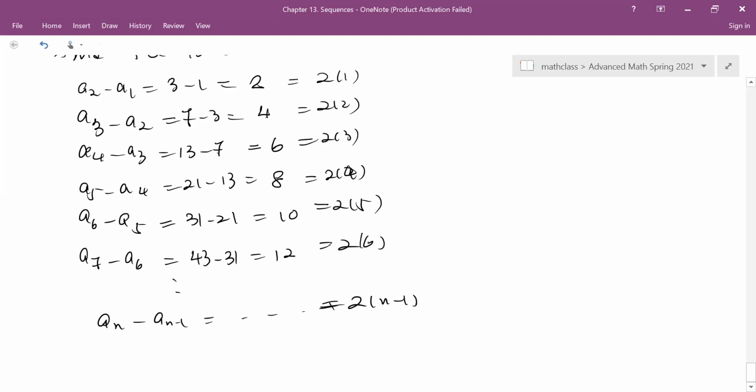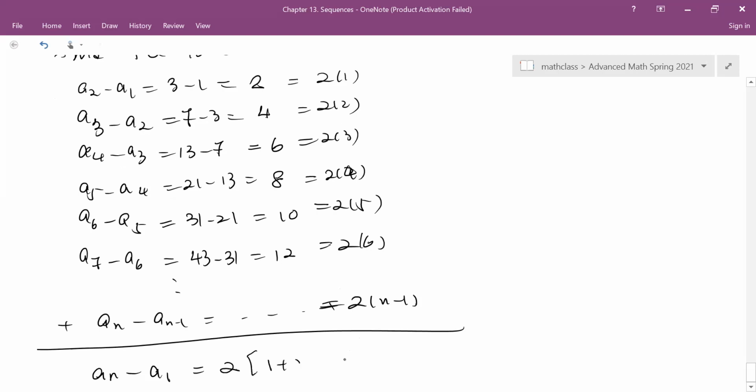The same trick: if you take the differences of consecutive terms and add them together, all the middle terms are gone, just a_n and a_1 left. And the right hand side is 2 times (1 plus 2 plus 3 plus 4 all the way to n minus 1).